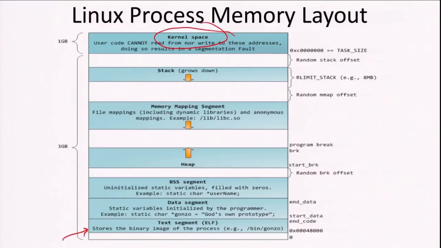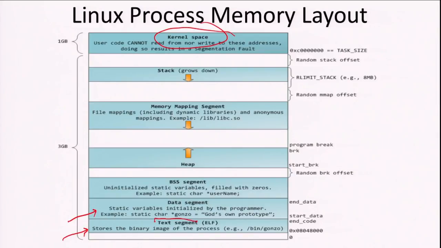So this is also somewhere you actually may not be able to write, and if you try, you might also get a segmentation fault. Then you have the data segment. What the data segment means is that it has all the static variables that are initialized by the programmer. For example, if you have static char *gonzo equals something, then that will be in the data segment.